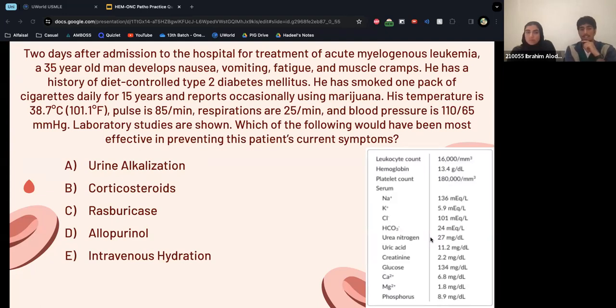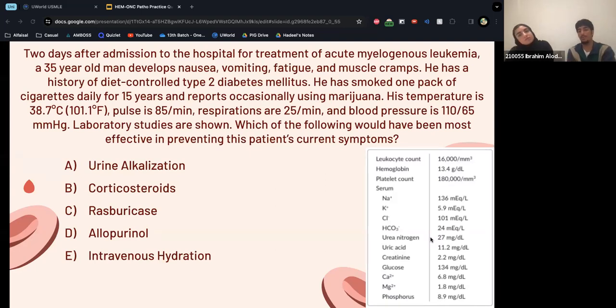After being treated for the AML, his tumor lysed, and it released all of its constituents into the circulation. So knowing that this patient now is having tumor lysis syndrome, how do we want to treat? Sorry, his potassium is high, not upper limit of normal. His sodium is normal. But how would you want to treat this patient?